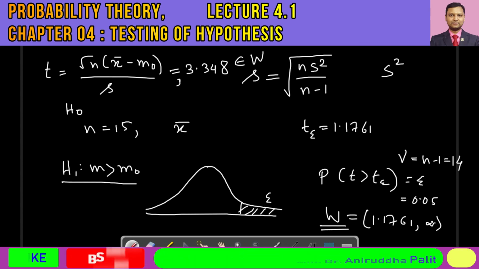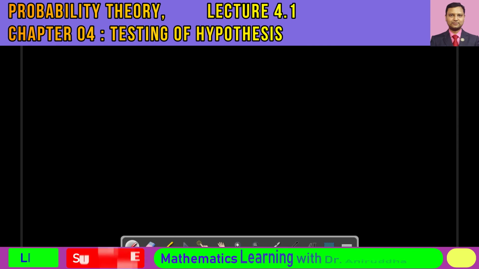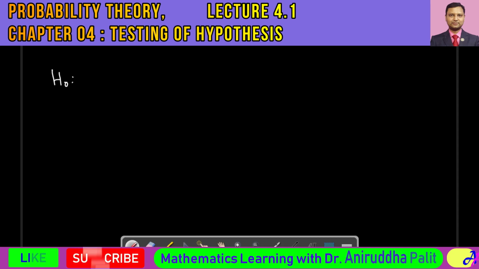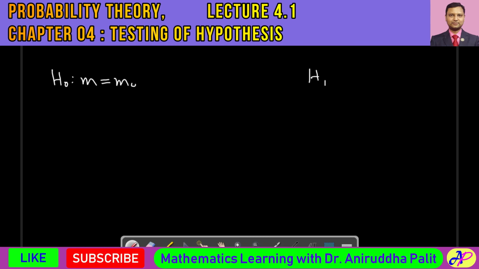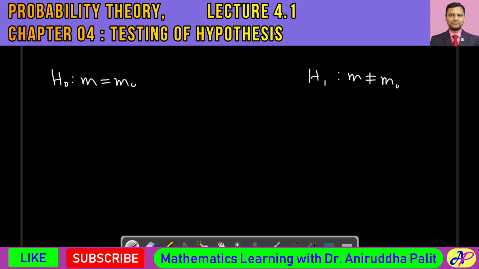Okay, so this is the case when we have a right-tailed test. So let's just summarize this result: in case of normal distribution, if we need to verify this null hypothesis m is equal to m0 against, suppose, the alternative hypothesis H1, m not equal to m0, with the fact that sigma is unknown.